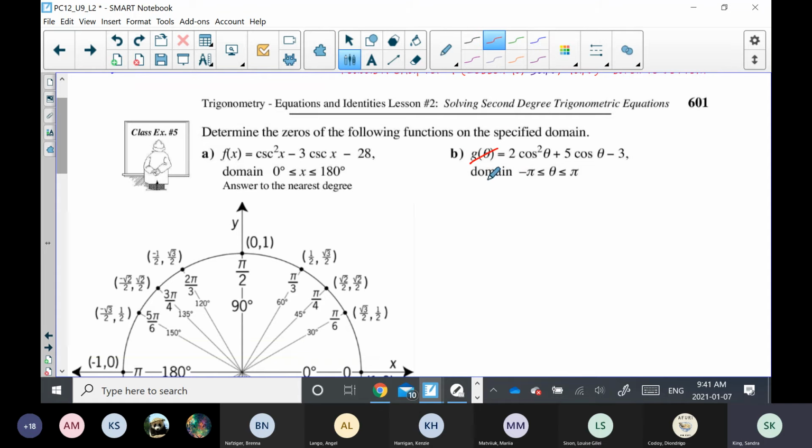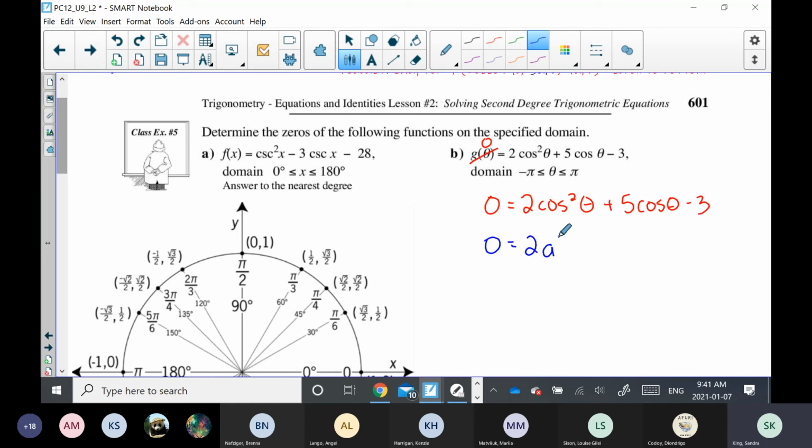Remember, they want the zeros, so you make that equal to 0. This would be 0 is equal to 2 cos squared of theta plus 5 cos of theta minus 3. Let's change this out and put in a's.